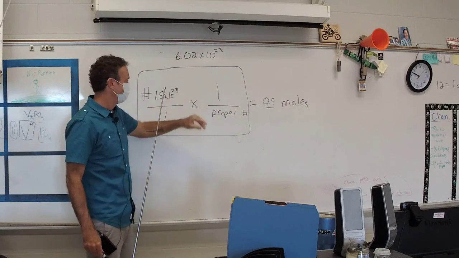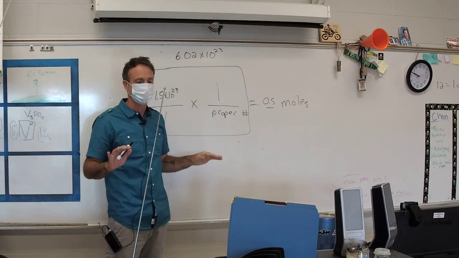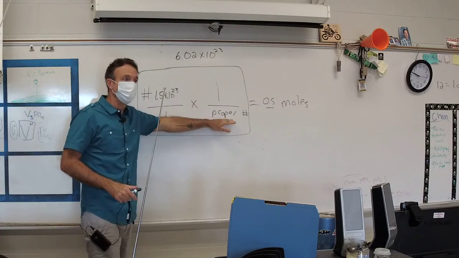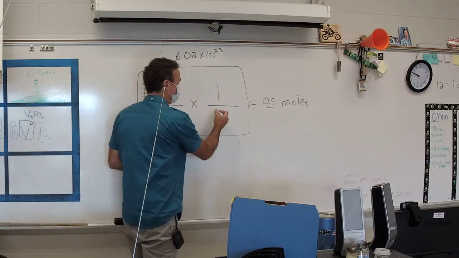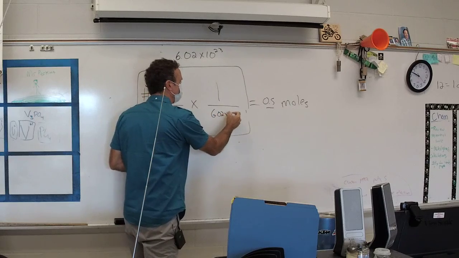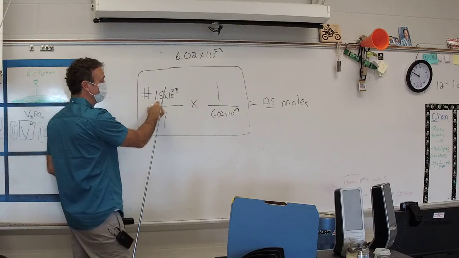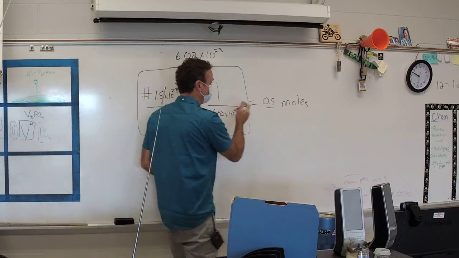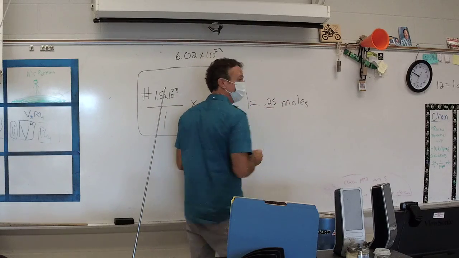It's not 23 grams. We're not talking about how much the sodium weighs. We're talking about the proper number for 1 mole of sodium. So that will be 6.02 times 10 to the 23rd. So 1.5 times 10 to the 23rd times 1 over 6.02 times 10 to the 23rd. That'll give us, obviously, 0.25 moles.